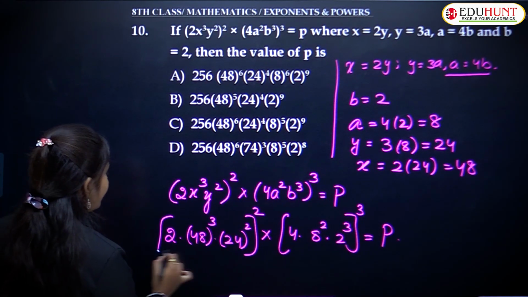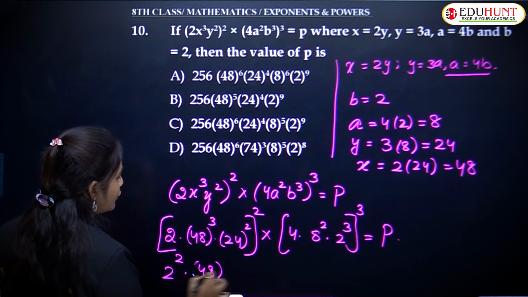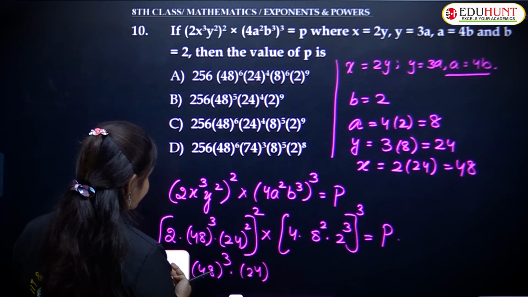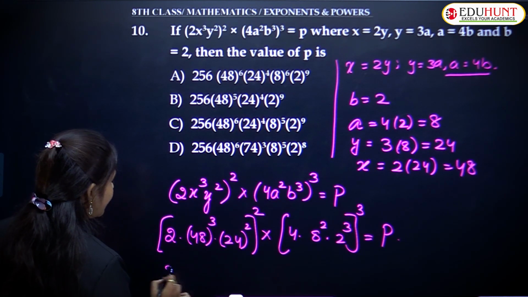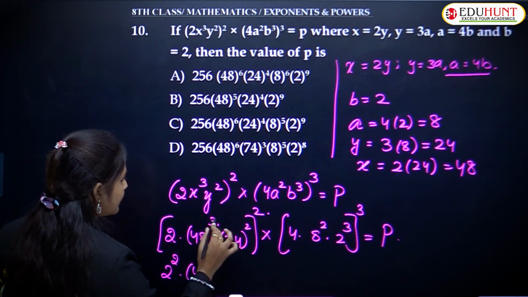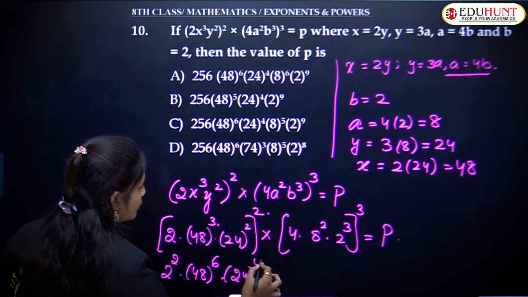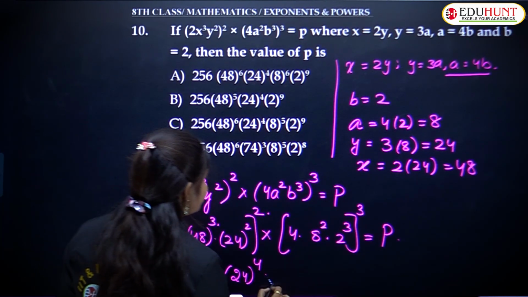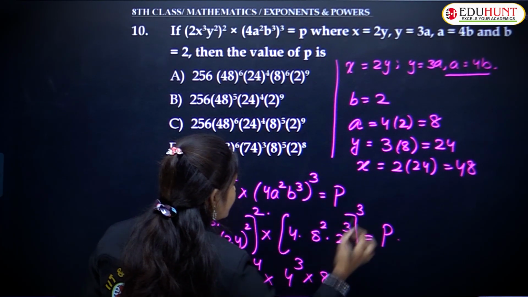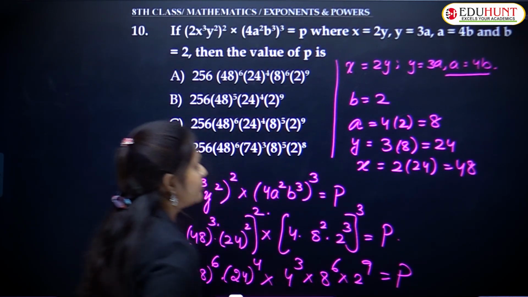See here, we can write this as 2 square into 48 power 3 into 2 is 6, into 24 power 2 2s 4, clear, into 4 cube into 8 power 2 3s is 6, into 2 power 3 3s is 9, which is equal to p.